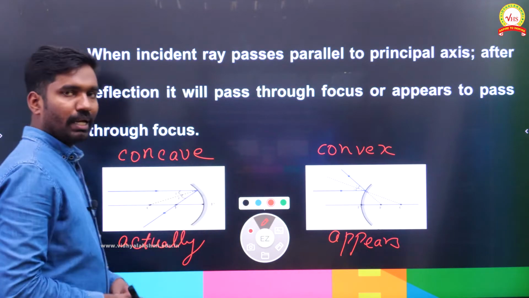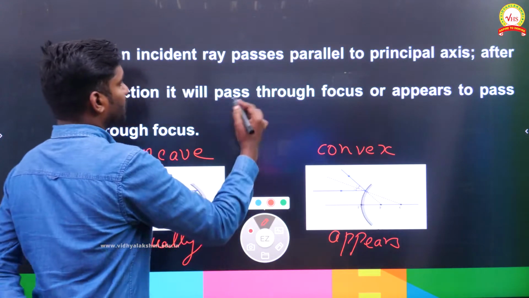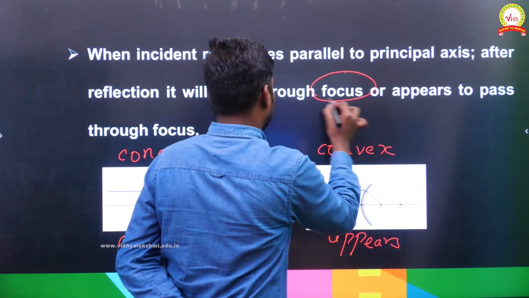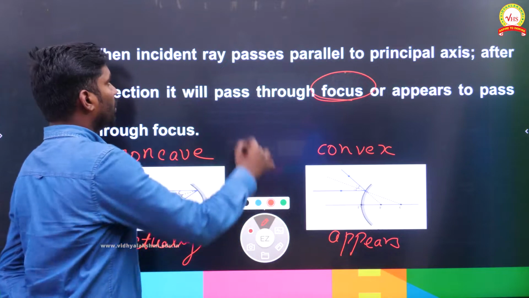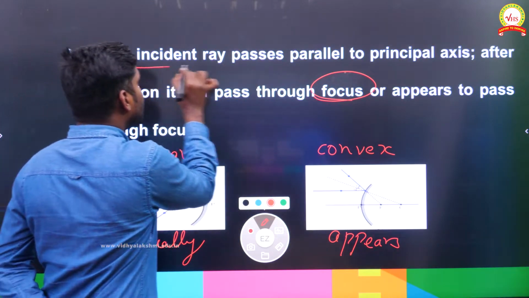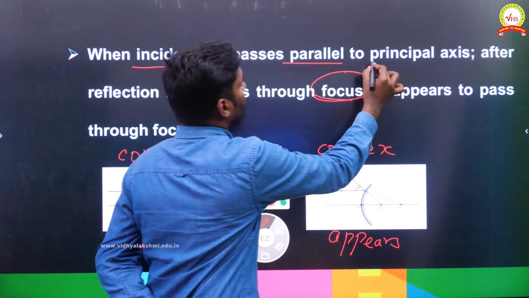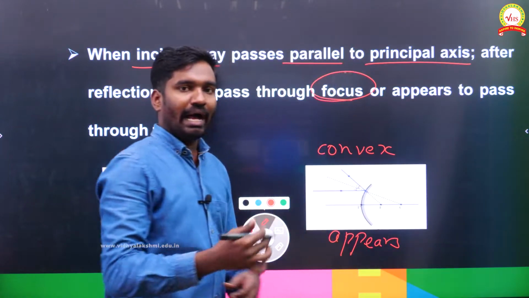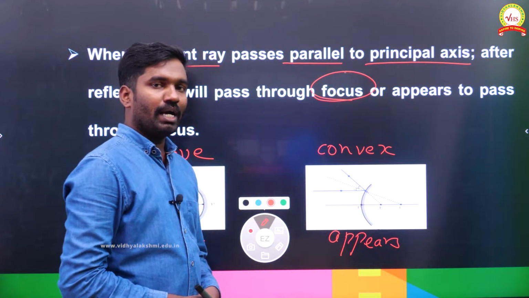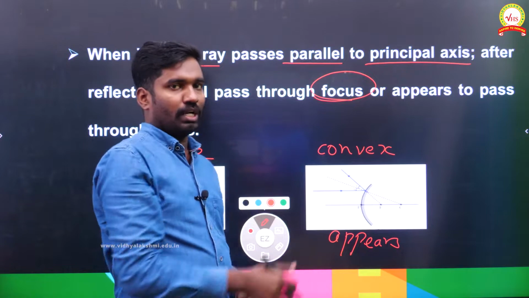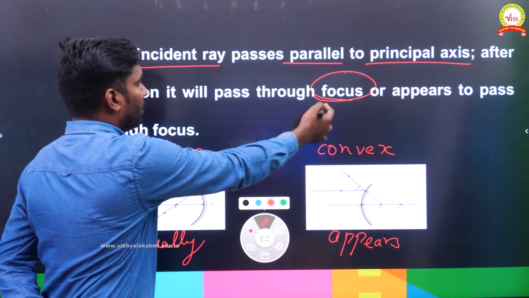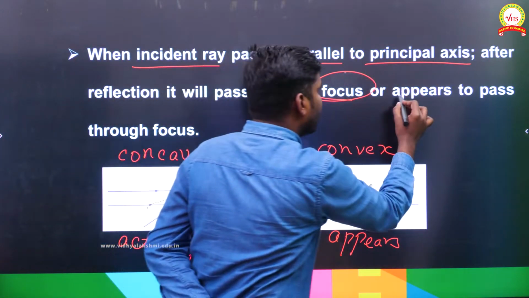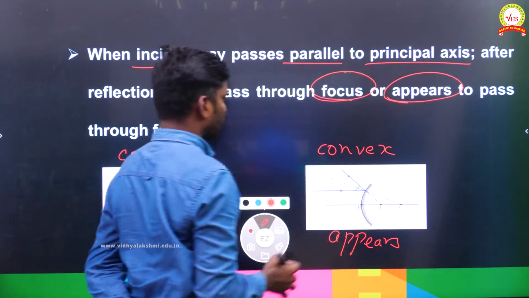So where is it going to pass after reflection? It will pass through the focus. Clear? Whenever the incident ray is parallel to the principal axis, after reflection it will pass through the focus. For concave it will pass through the focus, and for convex it will appear to pass through the focus.